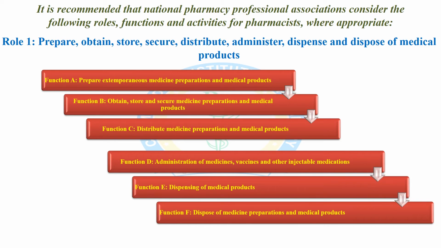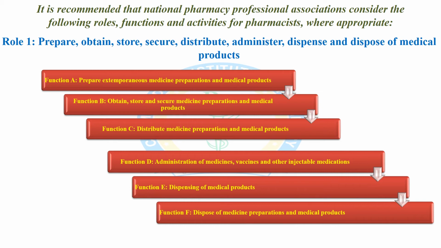It is recommended that national pharmacy professional associations consider the following roles, functions, and activities for pharmacists where appropriate. Role number 1 is prepare, obtain, store, secure, distribute, administer, dispense, and dispose of medical products.